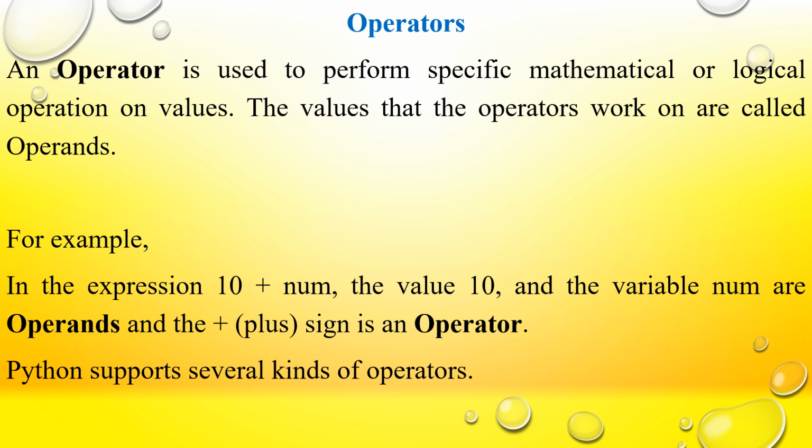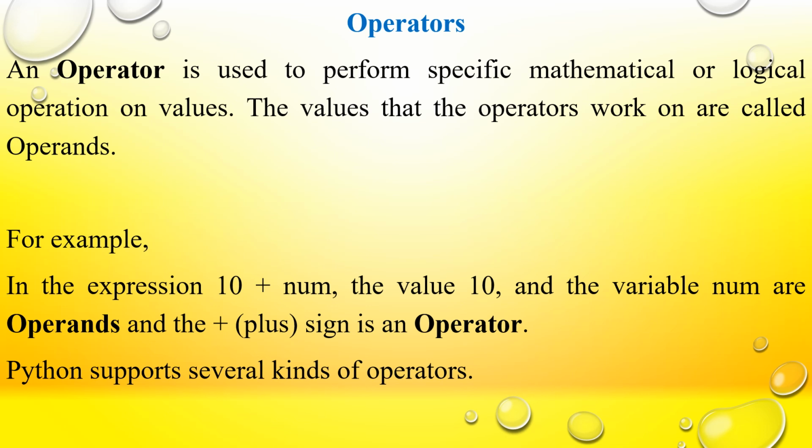As an example, we consider the expression 10 plus num. Here the value 10 as well as the variable num are called operands, and the symbol plus is called operator.